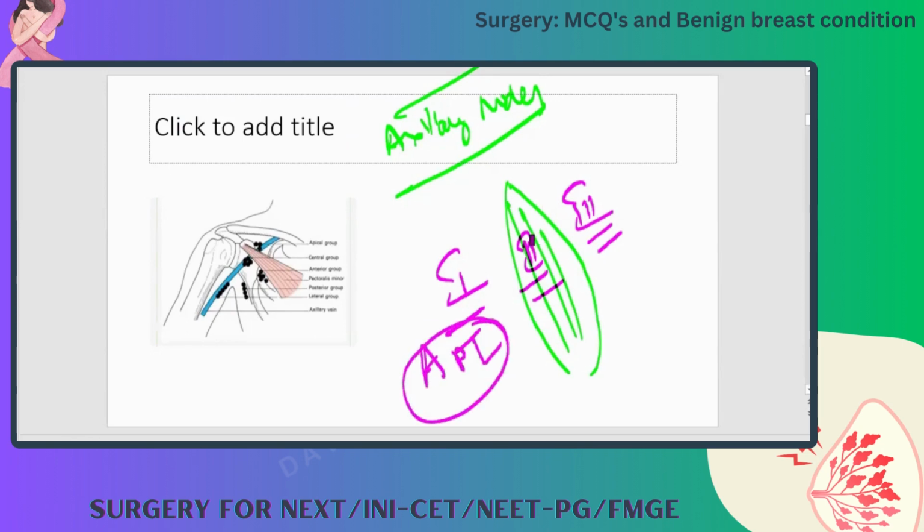Level 2 is behind the pectoralis minor, the central group. Then what is level 3? The apical group, sir. Apical, okay.